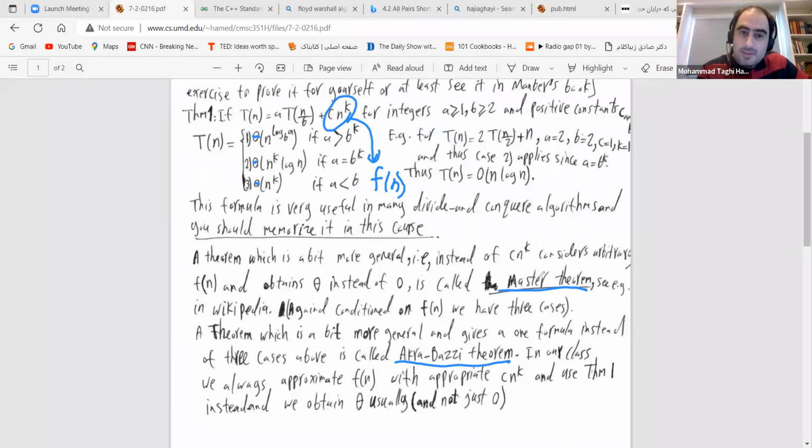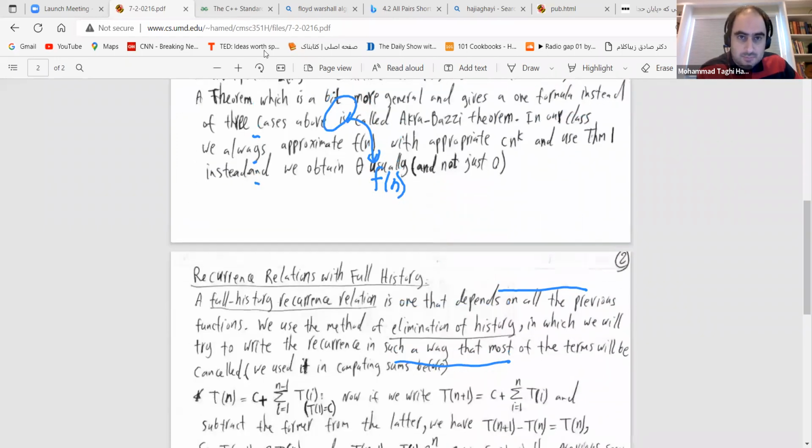But the Master Theorem has a more general f of n, and these are thetas; you can also see it on Wikipedia. And finally, Akra-Bazzi considers all 3 cases in one formula. Good. That is very useful for the operations that we are having. And now let's go and discuss some other things.